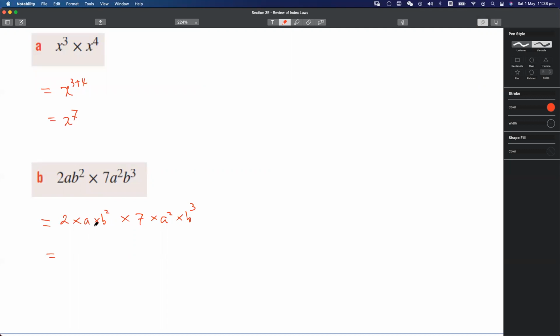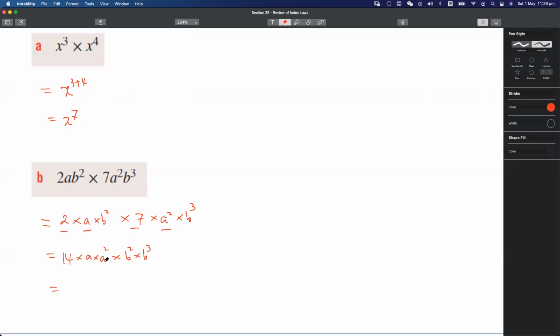So the first index law states retain the base and add the indices. We're going to group the letters with the same base. Of course, 2 times 7 would be 14, the easiest part to calculate. And we do a times a squared, and b squared times b to the power of 3.